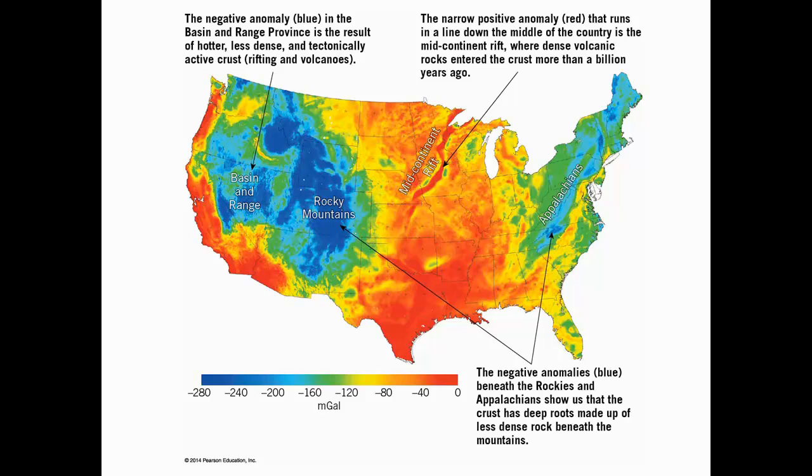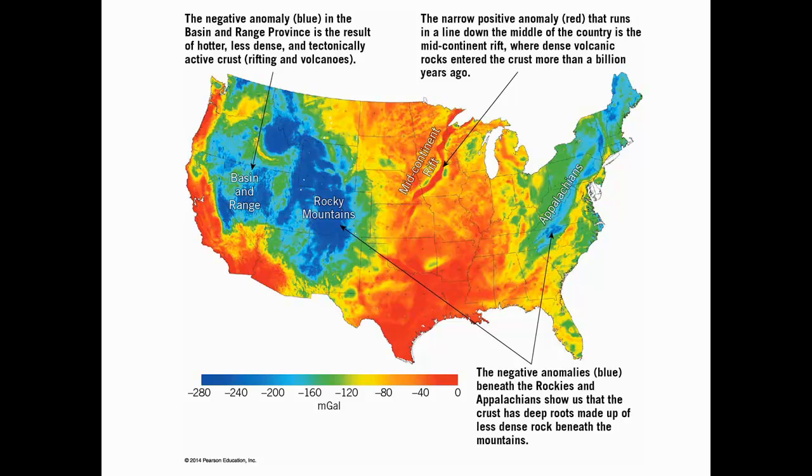Now, don't worry about these details. The only point to this figure is that these gravity differences from one place to the other can be used to interpret the tectonics and the crustal characteristics of those regions.